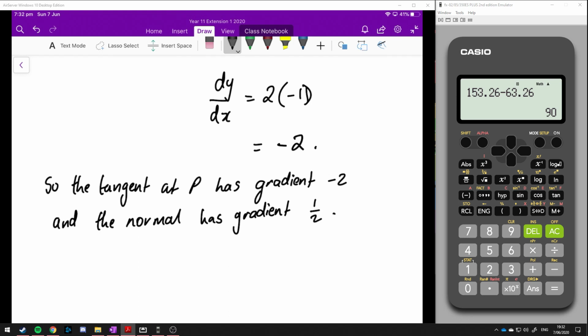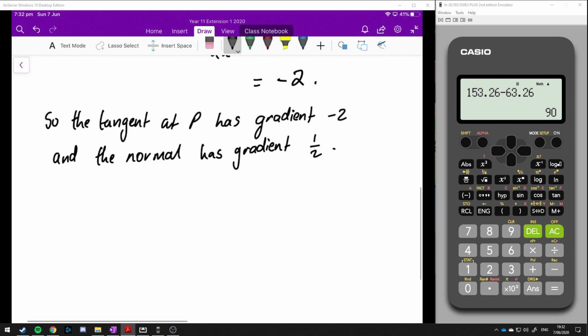So to write the equations, we'll start with the tangent.